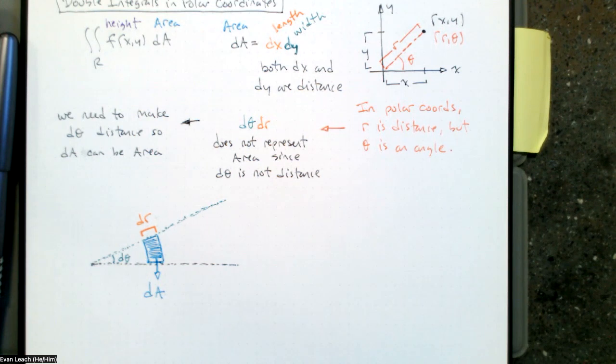Here's what we notice. dA is not exactly a rectangle because of that curved side, because we're in polar coordinates.